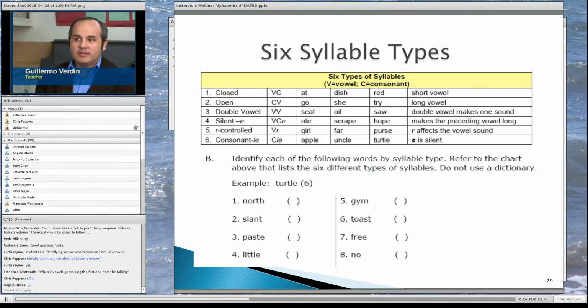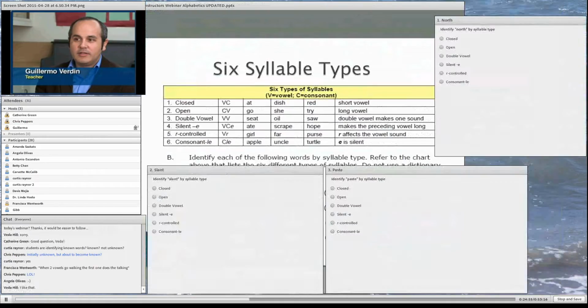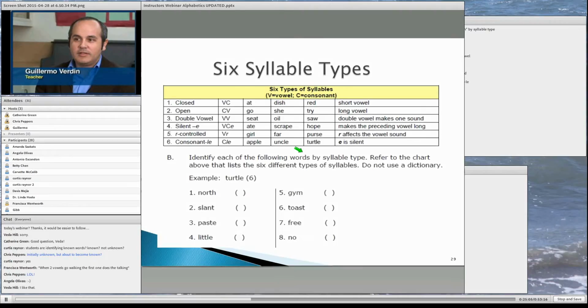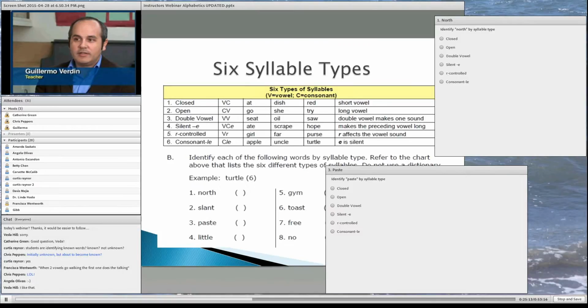Let's see how well you understand the syllable types. Up here, I have the word north. Please help me, using the survey up here, identify the word by syllable type. We're going to start with north first.